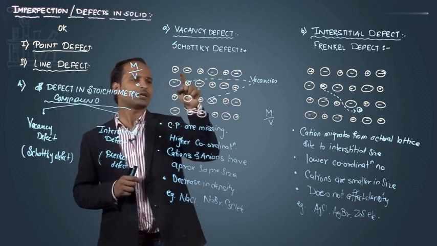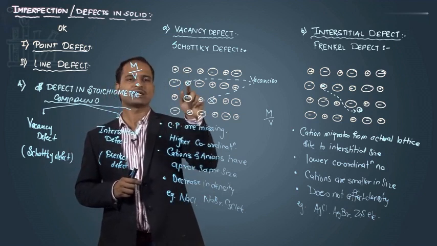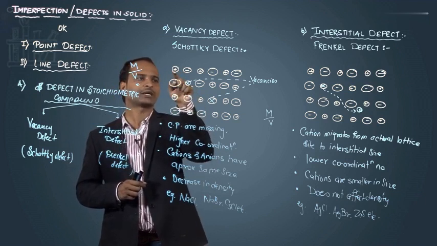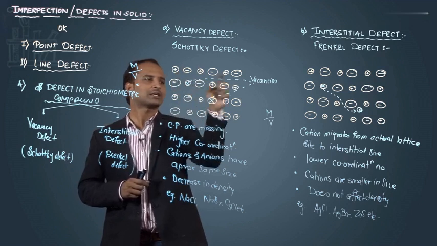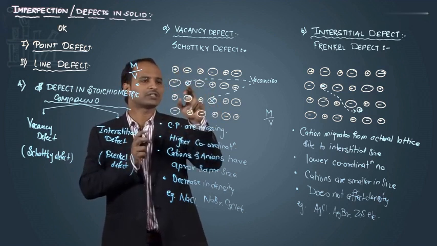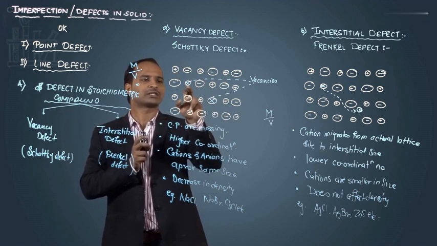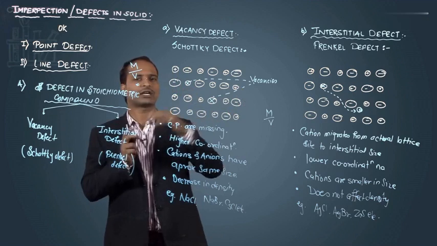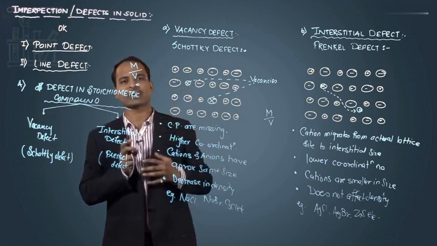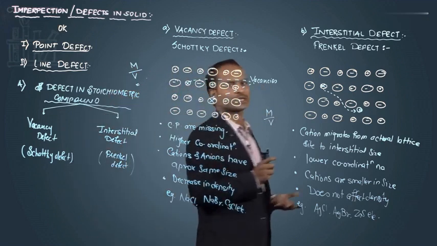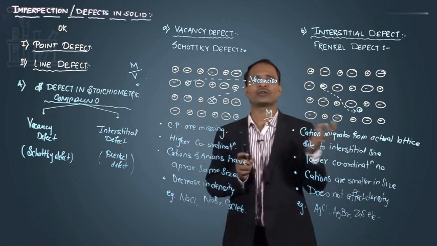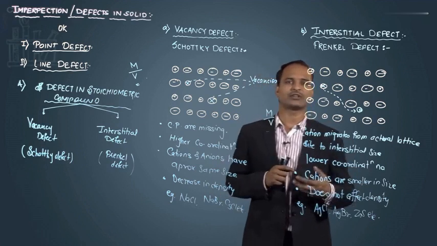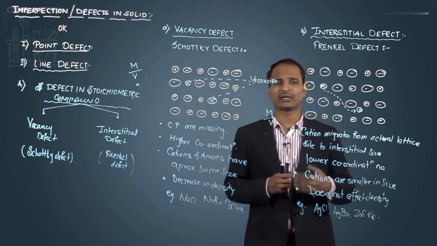When electricity is supplied, this vacant space is occupied by this cation. If this cation comes here, a hole is created there. Then that space will be occupied by the next cation. This hole keeps on changing: the hole migrates to this, then to this, then to this, because every cation or anion occupies the vacant space, so a new vacant space or new hole is created. And since there is a movement of holes, in a Schottky defect the electrical conductivity increases on increasing the defect.